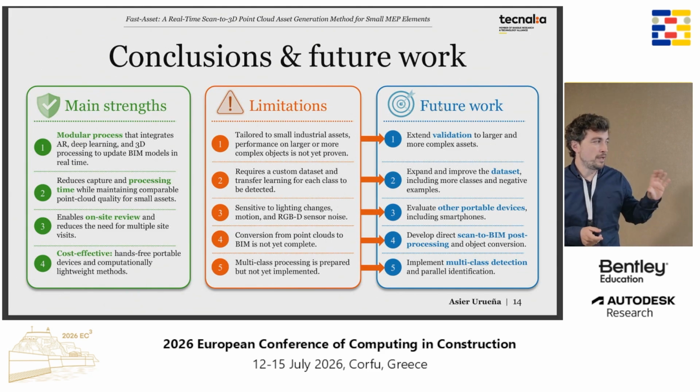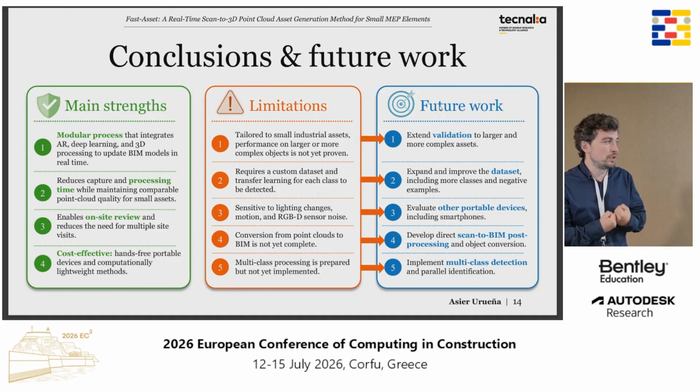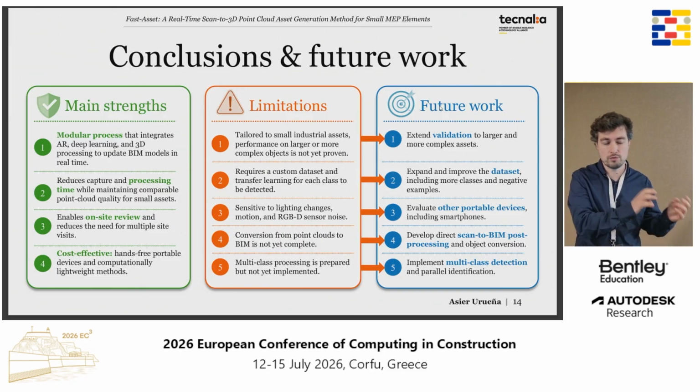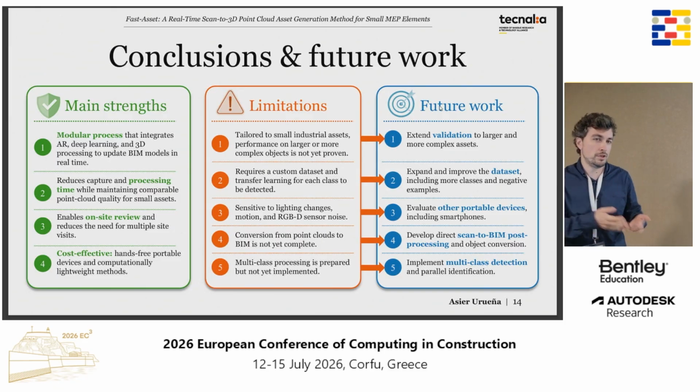For me, the most impactful improvement would be to elevate this to multi-class, because we are already detecting every class in the image in real time. It's just adjusting the workflow a little to keep all these classes at the same time, and not going one by one, which is the current state.